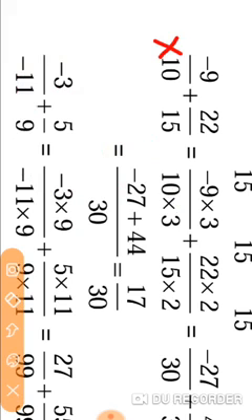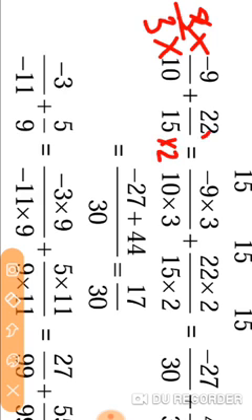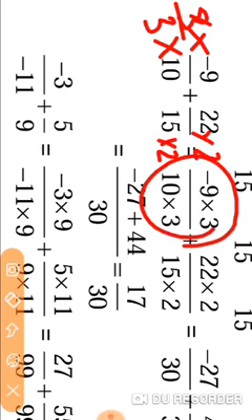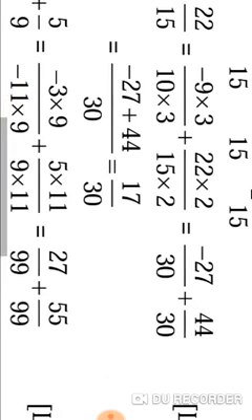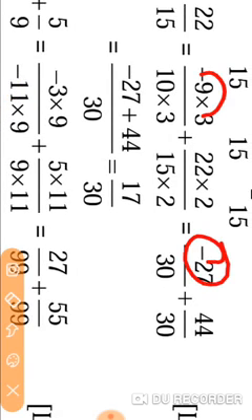When it becomes 30, 10 becomes 30 by multiplying by 3, and 15 becomes 30 by multiplying by 2. So that's why it is minus 9 into 3, 22 into 2. So 9 3s are 27, 22 2s are 44.